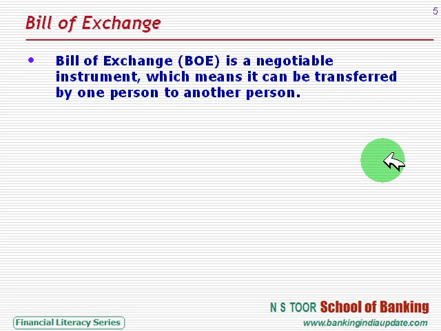Like promissory note, bill of exchange is also a negotiable instrument, which means it has the same feature that it can be transferred by one person to another person. So the right to receive payment can be transferred by one person to another person.